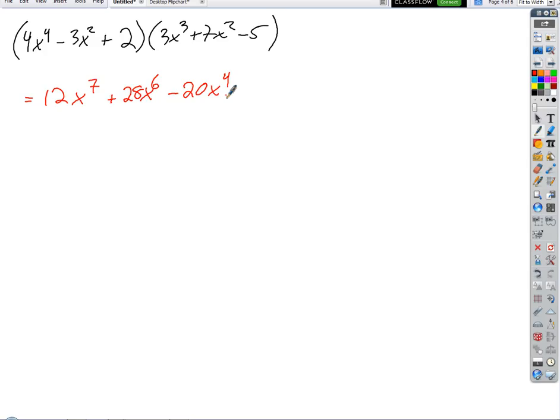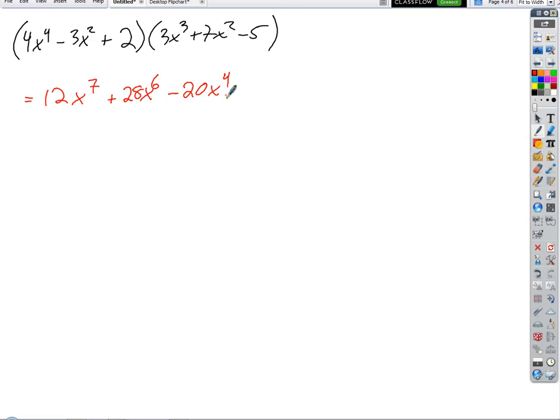Anybody see any potential problems with what I just did? Coefficients. Say it again. Might get the 4th confused with the 5th, and when I distribute the negative 3x squared through, what's my first term going to be? Negative 6.